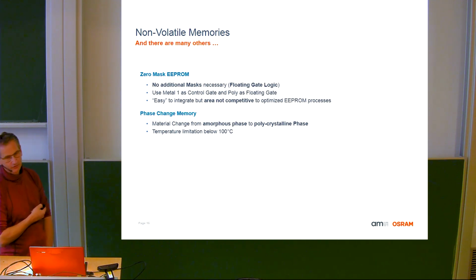Nobody was able to build a system with such elements for higher than 100 degrees Celsius, because it's always recrystallizing at a certain temperature. So for a consumer product or a product in the range below, let's say 70 degrees, you could use this. It's also optimized, but the additional process is really small.